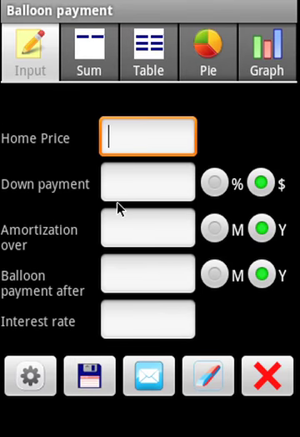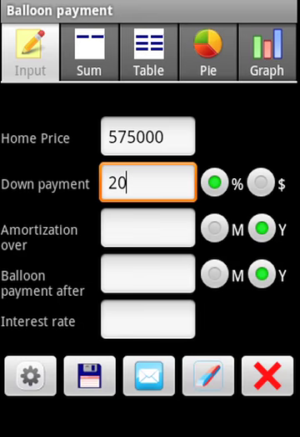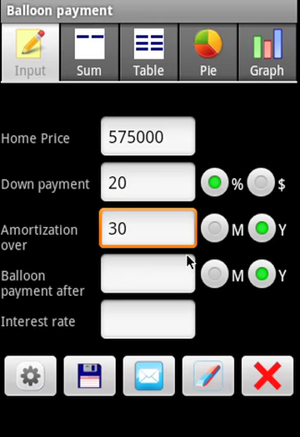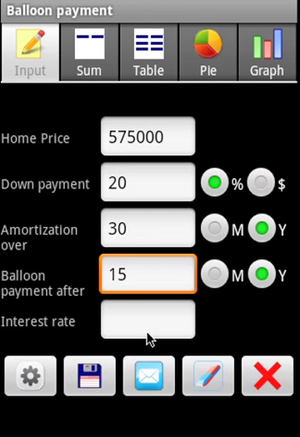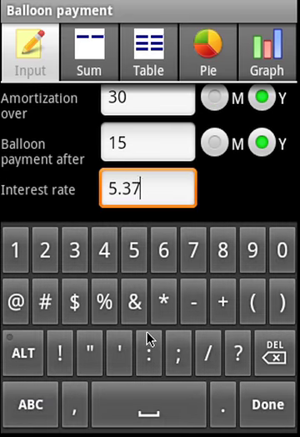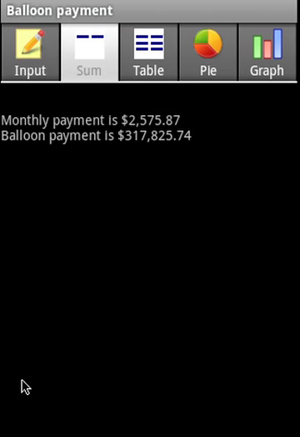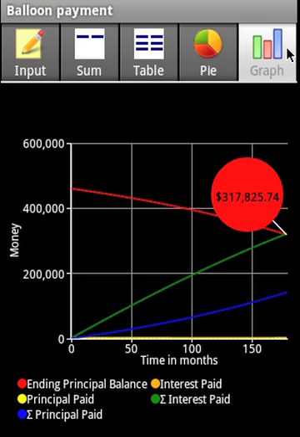In here, say 575,000 is the loan amount and we pay 20% down payment. You can either specify the actual dollar amount or you can specify percentages. Say amortization over 30 years, and we have a balloon payment, say it is after 15 years, and the interest rate is 5.375, and this is the balloon payment amount, and this is the amortization schedule, the pie chart, and this is the balloon payment amount.